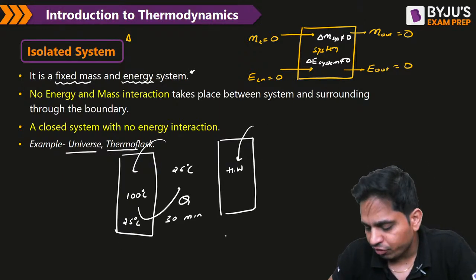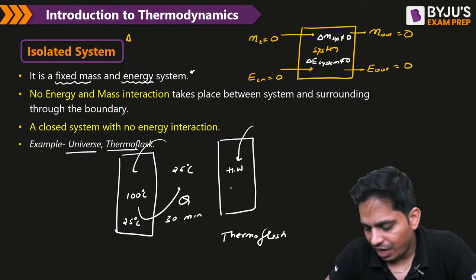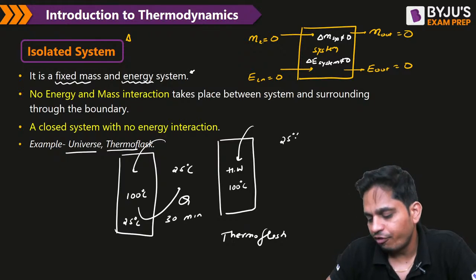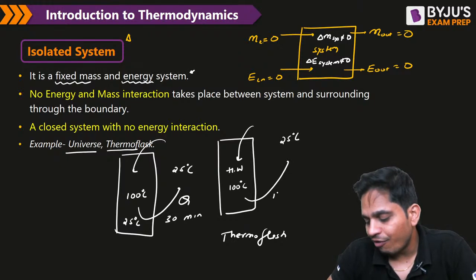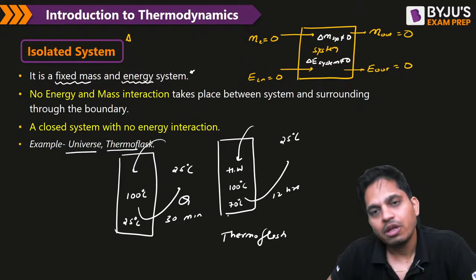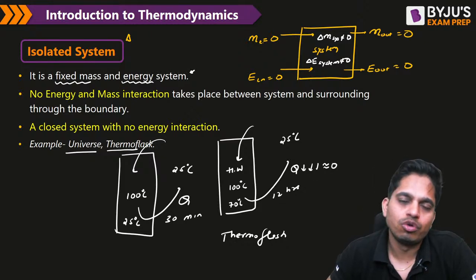But if you take an example of thermoflask, let us say in the morning, I have poured some hot water of 100 degrees Celsius. Outside is 25. Even after 12 hours, it will reach, let us say, 70 degrees Celsius. That means the heat transfer that has happened is very, very less, so you can assume it is almost equal to 0.